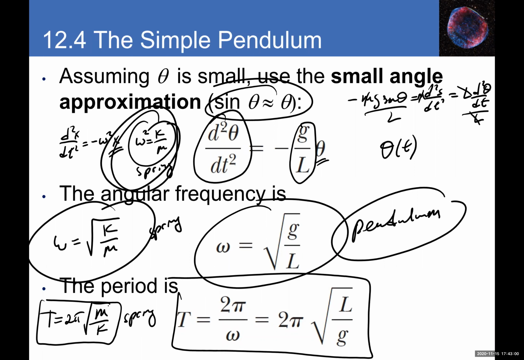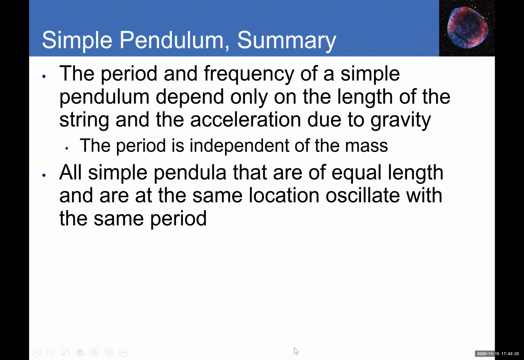To change the pendulum period, you can only do that by changing the length of the string. It's independent of the mass of the pendulum. That means the pendulum bob can be 5 kilograms or 100 kilograms, it doesn't matter. What changes the period or frequency for that matter is the length.